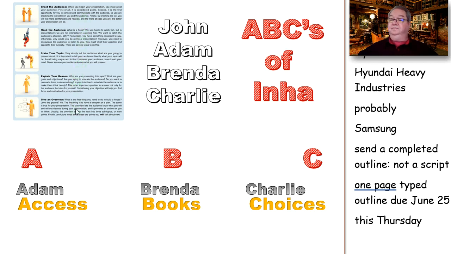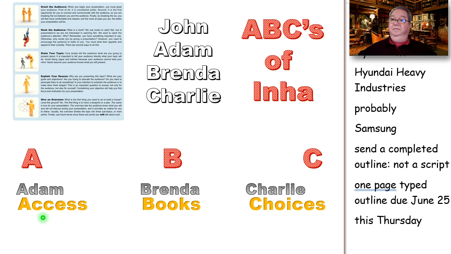Now I've finished my overview, and I want to introduce Adam to talk about access. So I just need a short transition here. I might say something like, to get started, Adam will present to you about access at Inha University.